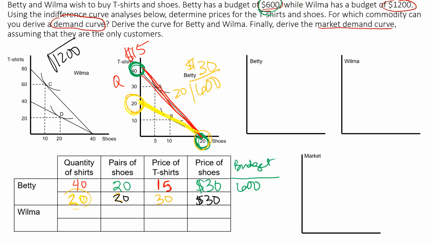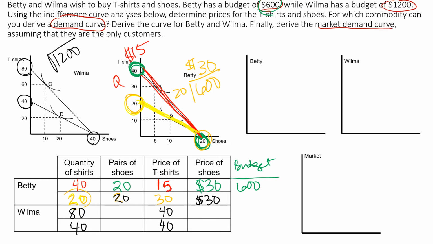So we know that at one point she has 80 shirts, and at a different point she has 40 shirts, and then we see that both of her shoes are 40 because that's not changing either.